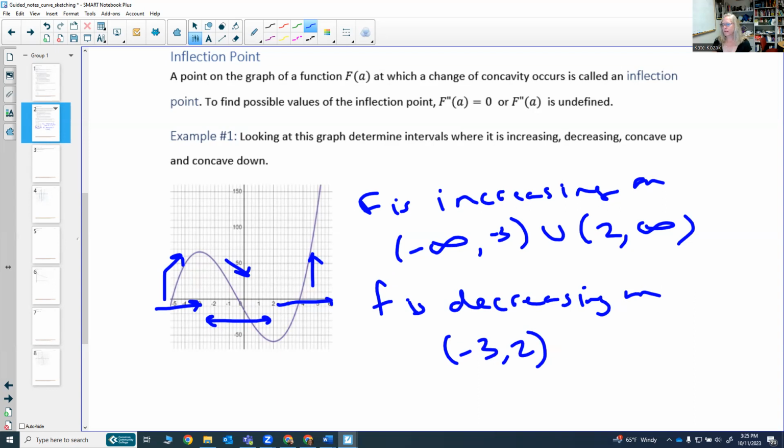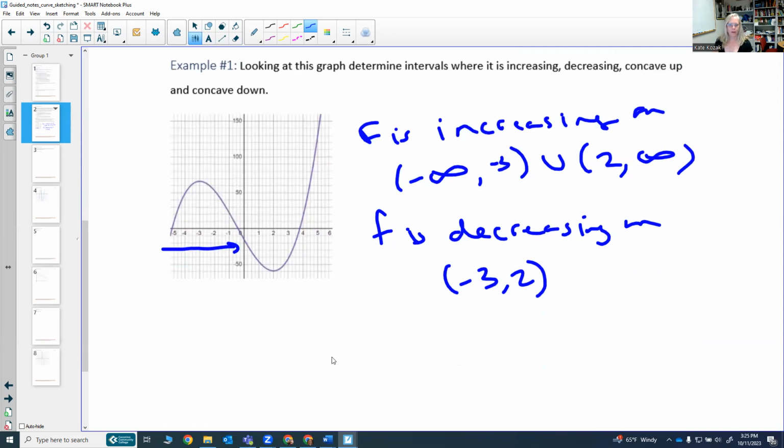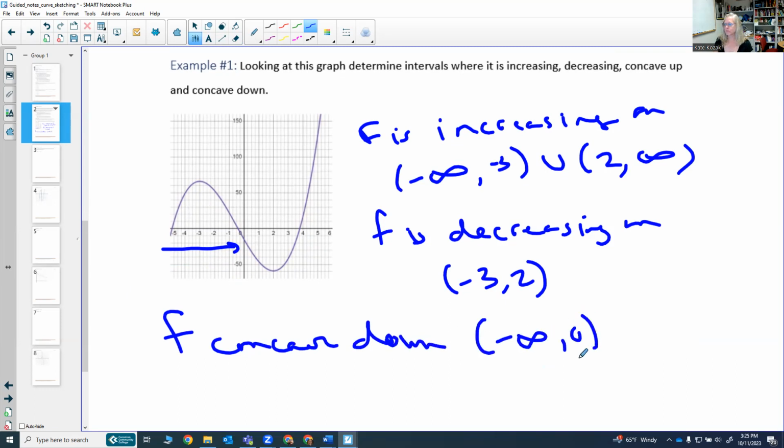The graph looks like an umbrella from negative infinity until about 0, so it is concave down from negative infinity to about 0.